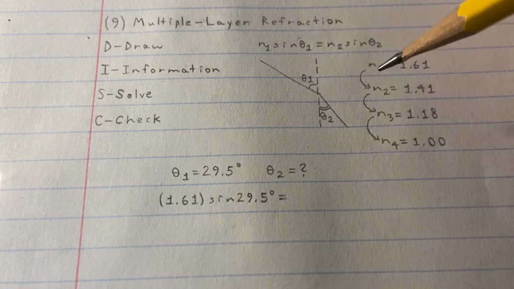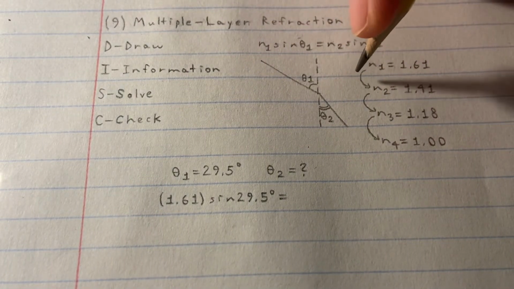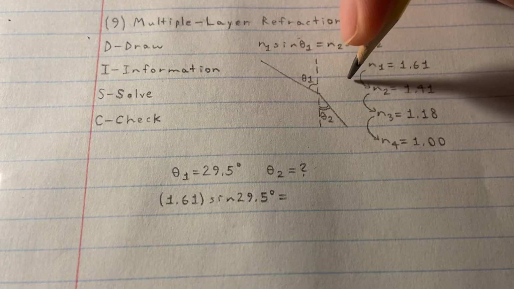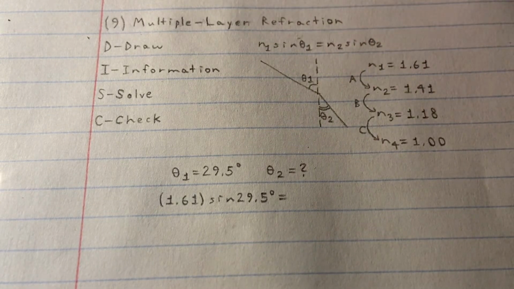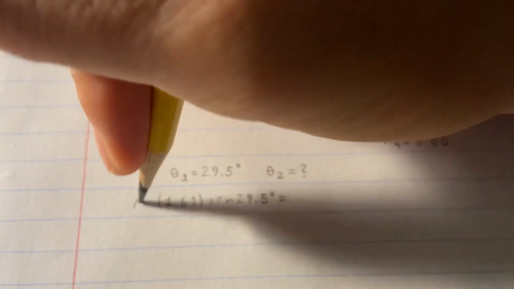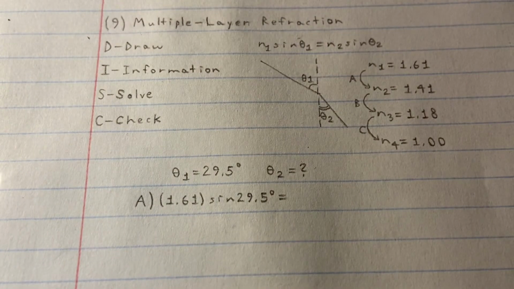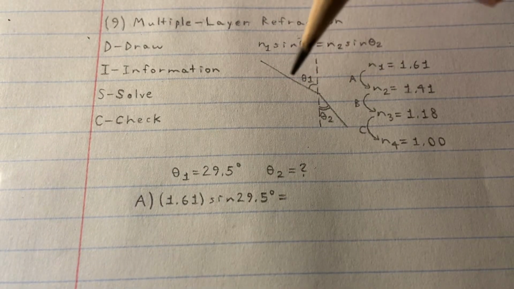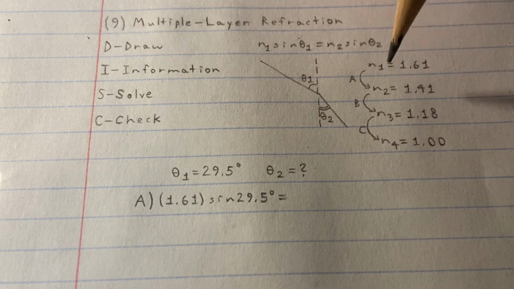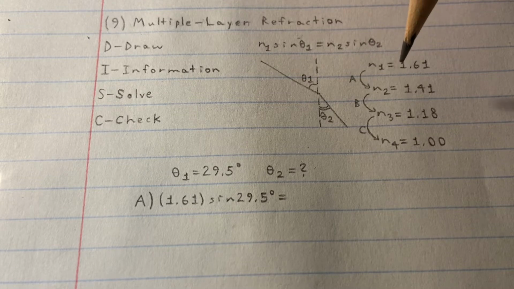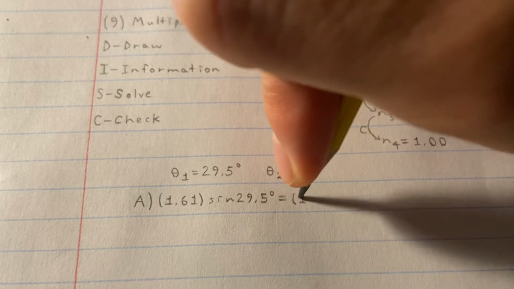We're going to go on our first jump. So if I were to label these jumps, let's say this is jump A, this is jump B, and this is jump C, you could think of this as jump A. Now, since we're jumping from n1 to n2, and given n1, the initial index, is 1.61, logically we can see that n2 is 1.41. So we put that here.